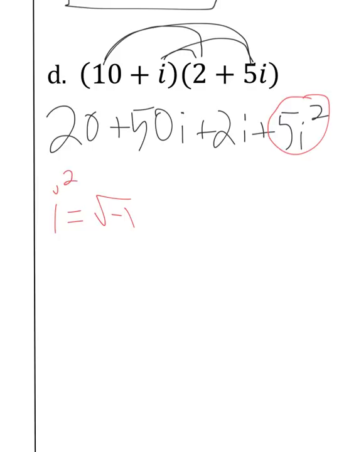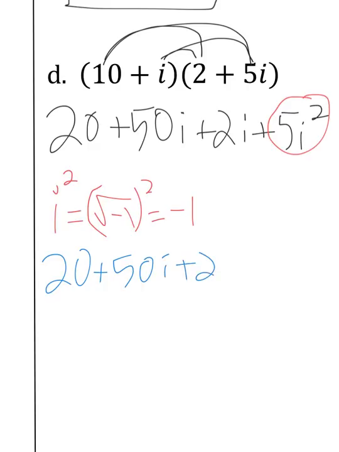So if I were to square i, then I'm going to square the square root of -1, which means I'm just left with -1. So for the next line here, I'm going to write 20 plus 50i plus 2i plus 5 times -1. All right, and then 5 times -1 is just -5. So you could just write -5 if you want.